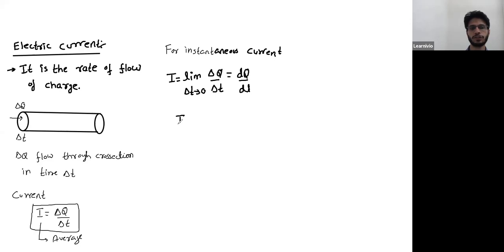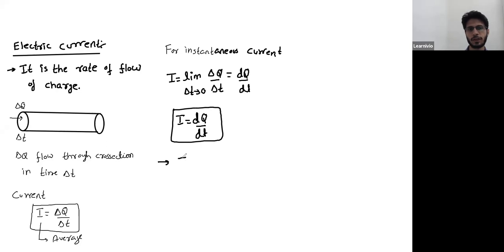So that is your instantaneous current. So average is charge divided by time. Instantaneous is just the derivative of charge with respect to time.